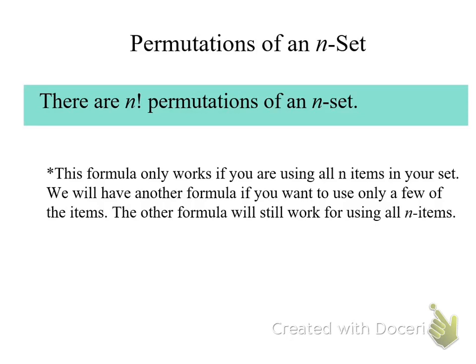Okay, so first we're going to start with our basic permutations, and this one works only if you're using everything in the set. So if you have 10 items and you're using all 10 items, this formula works. Okay, so n factorial, and this is how it relates to our multiplication principle still. n factorial means n times n minus 1 times n minus 2 all the way down to 2 times 1.